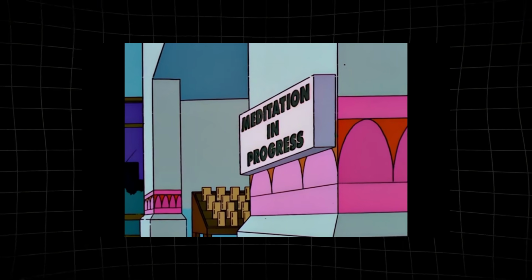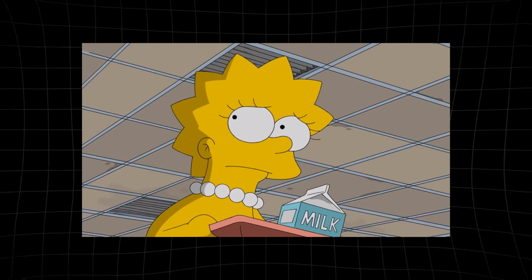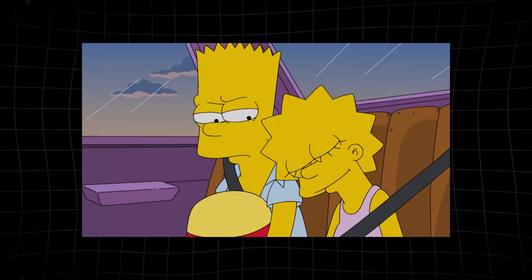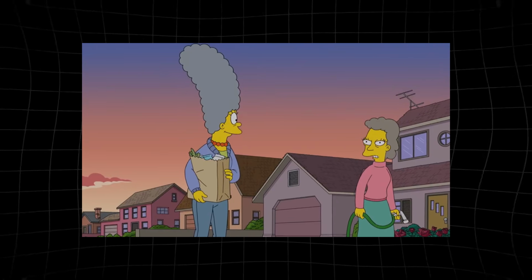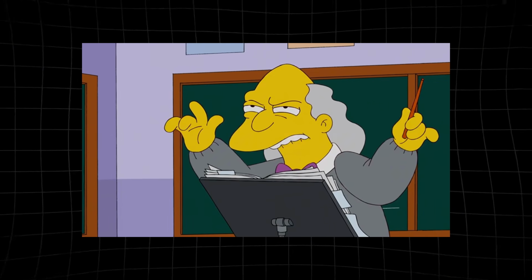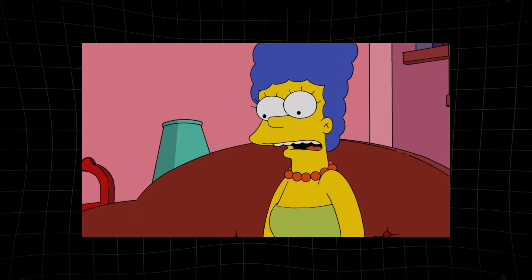Then there are the mouth errors, which are a special category unto themselves. The Simpsons is an animated show, which means every piece of dialogue requires animating a character's mouth to match the words being spoken. This is called lip sync, and it is one of the most labor-intensive parts of animation production. The Simpsons, across its run, has had a lot of lip sync errors.